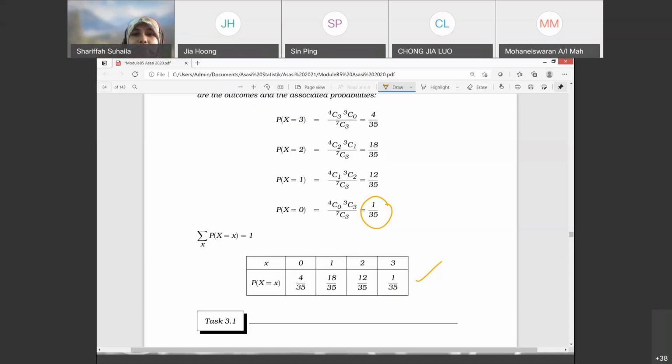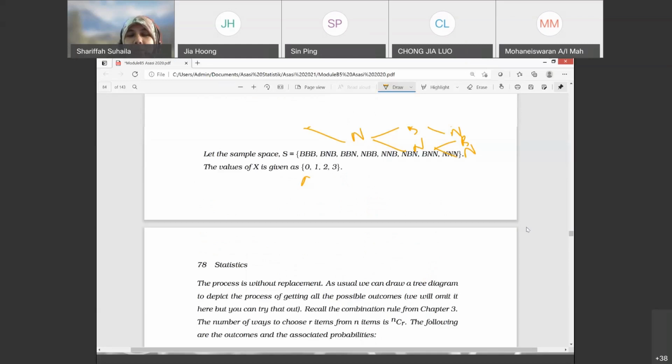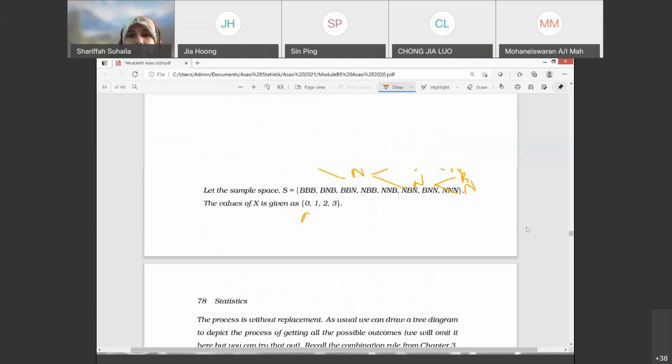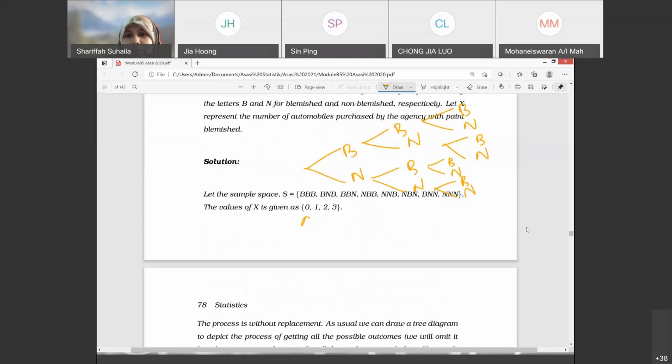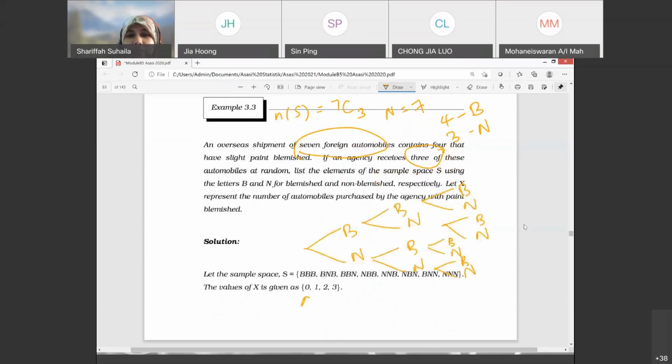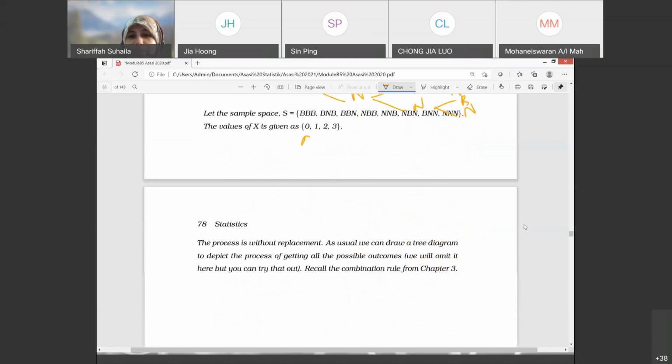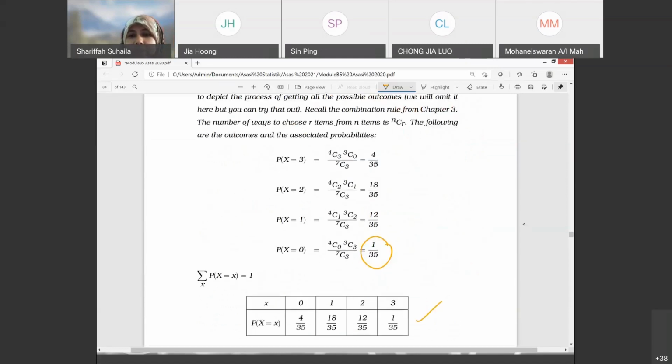That is by the combination rule, but if you want to multiply the probabilities directly, that is also okay. For example, X equals 0 means no blemish, so N. We had 3 none. The process is without replacement, so that means 3 over 7 times 2 over 6 times 1 over 5.